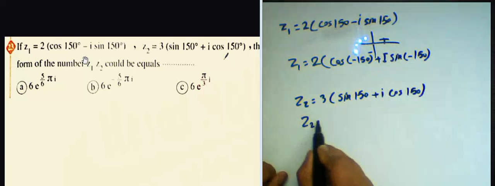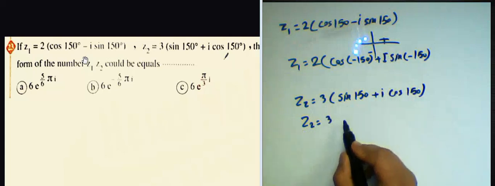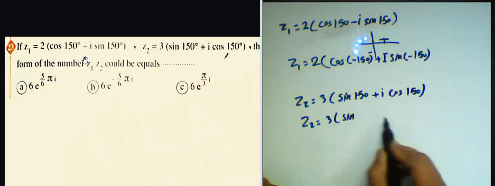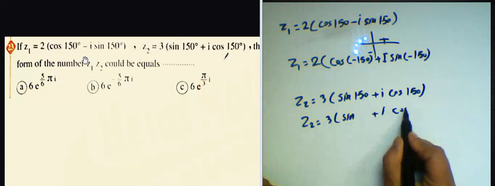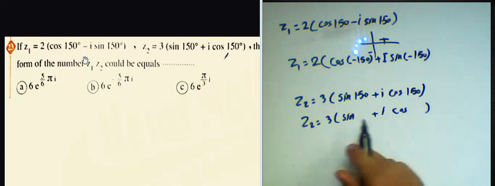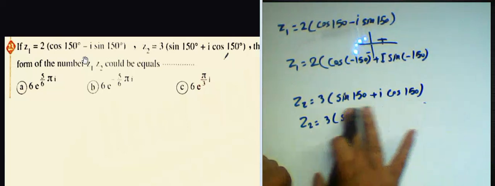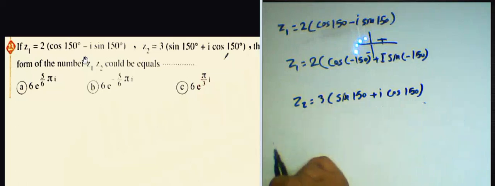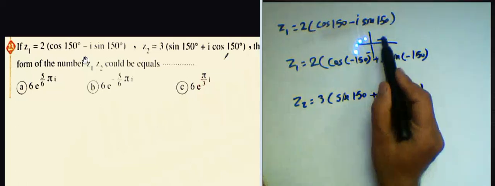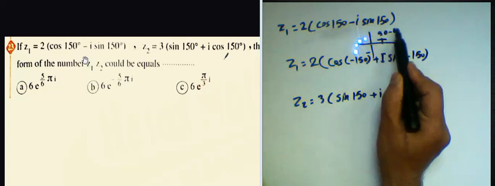In Z2, write the angle here. It will be 3 multiplication by sine and cosine. This angle 150. But he write here sine and cosine. You must change it from sine and cosine. We must change by using what? It lies in what? In the first quadrant, it's meaning 90 subtract by theta.